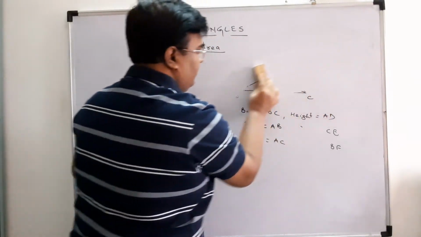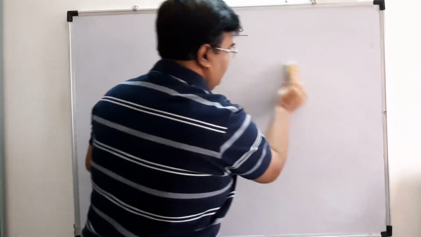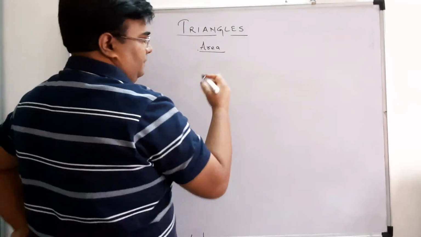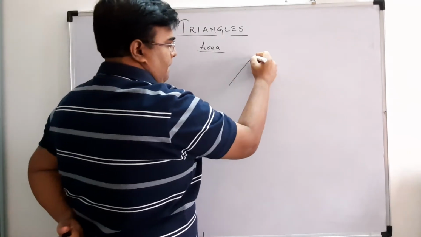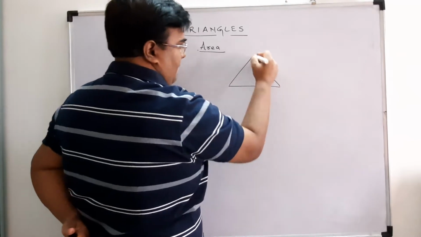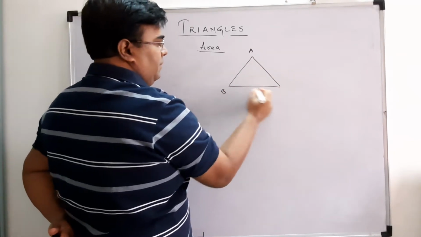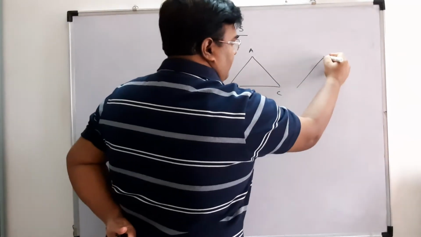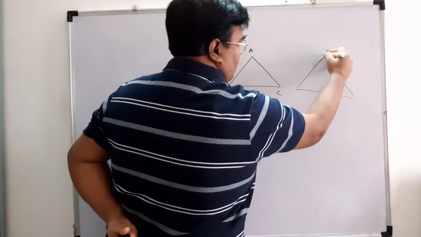Now we will learn to find the ratio of areas of two triangles. Suppose there are two triangles, let us say ABC and DEF.